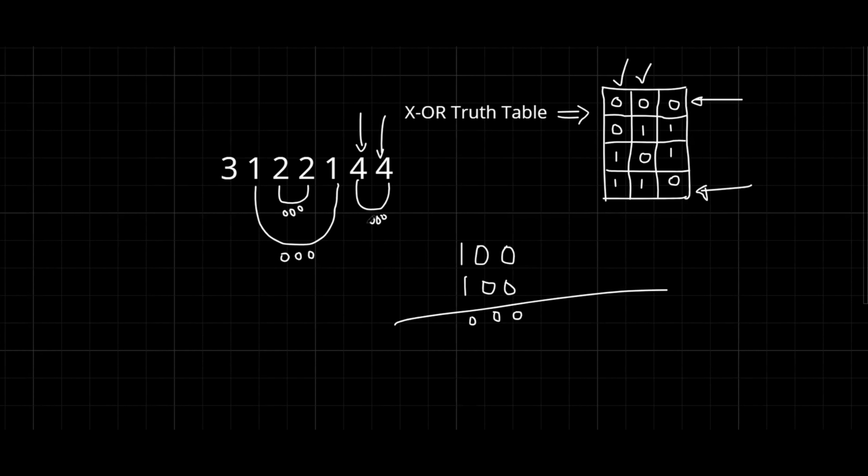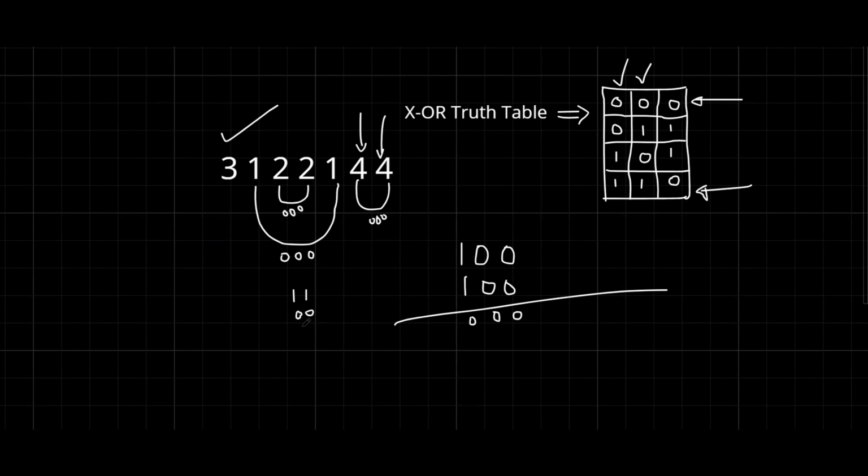Finally, we have found 3 zeros, and the only remaining element of this bitwise operation is 3. If we perform the bitwise XOR operation between 3 and 0, the output will also be 3. Here, the binary representation of 3 is 1 and 1, and the binary representation of 0 is 0 and 0.